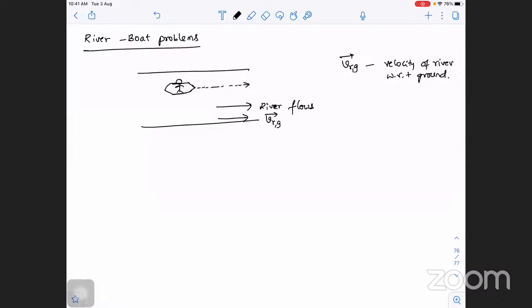Just the boat is there inside the river. As the river flows, the boat also will move with the same speed, same velocity. If any person is there inside the boat, then what is the river velocity as seen by the person? Very good, Manoj. Perfect. Constant, but what is the value I'm asking?